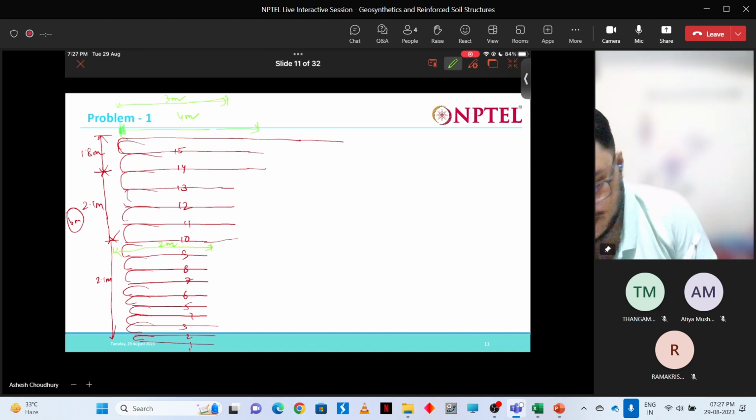I will just write the properties of the backfill. So backfill soil, gamma is equal to 18 kilonewton per meter cube, phi is equal to 34 degrees.